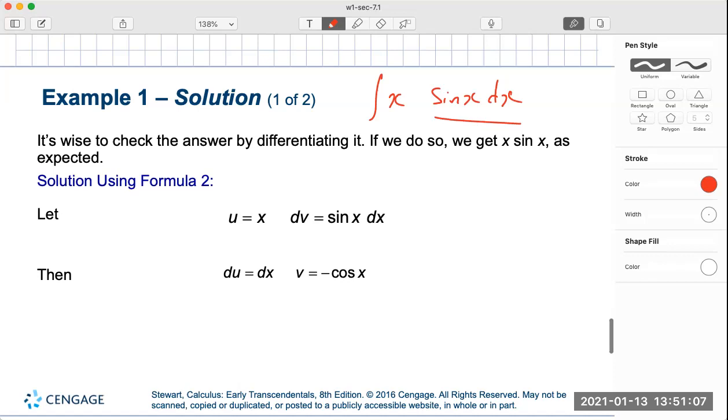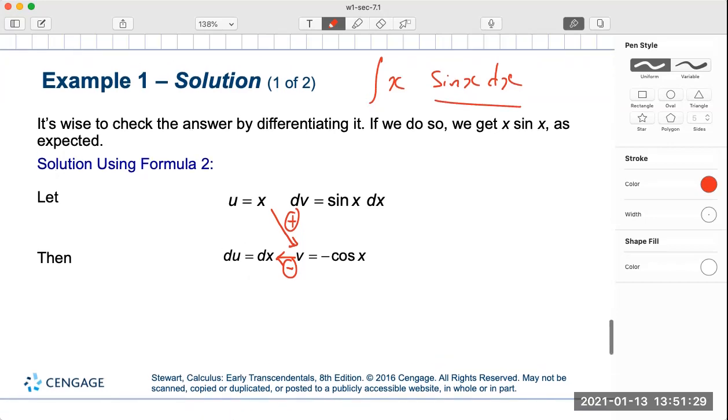This is dv. The same rules, okay? You multiply this guy with this guy and subtract the integral of this guy, and the signs will be plus and negative.